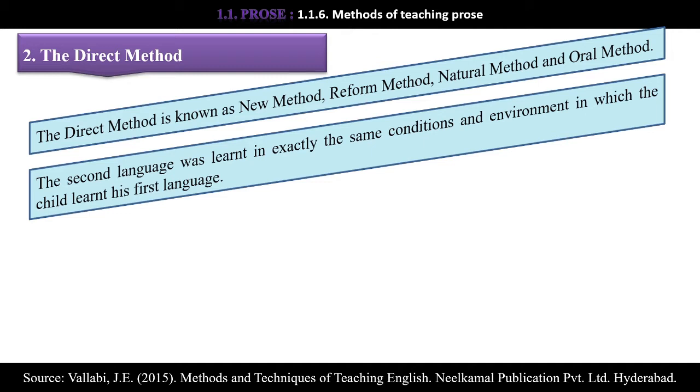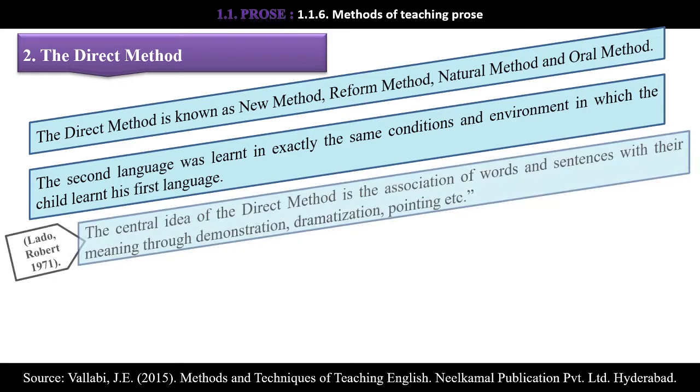Everyone around us spoke Marathi, we observed them, did observation, and we learn it. Likewise, the second language is learned in exactly the same conditions and environment in which the child learns the first language. Likewise, if we have to learn a foreign language, that type of environment should be created. That type of condition should be created to learn a second language. That is the basic principle of the direct method.